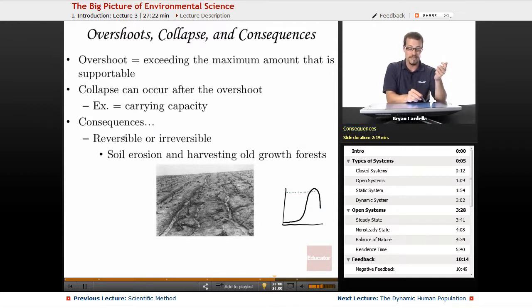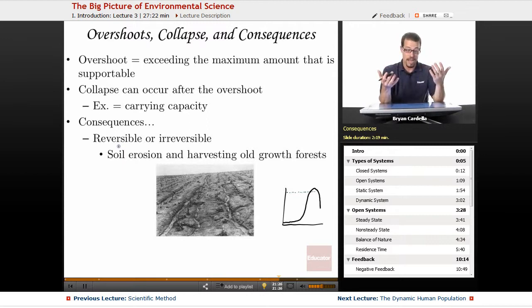So the consequences of that, reversible or irreversible, it really depends. There have been instances where humans have been close to extinction. There's fossil evidence of that, that there may have been situations where there was as little as like 1,000 people. And we're talking early on in human existence, because we've been around for close to 200,000 years. So we're talking a long time ago.